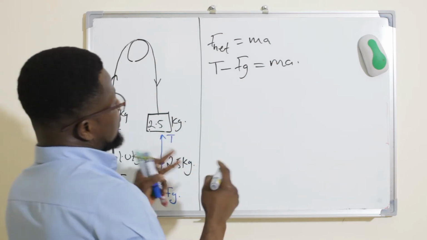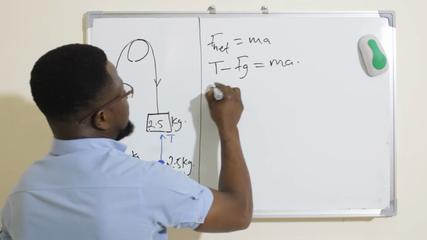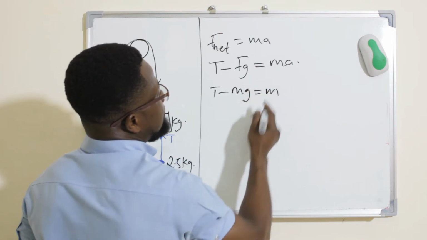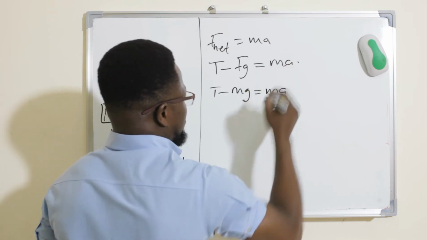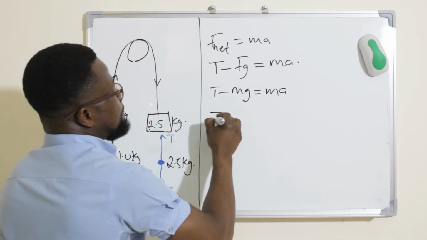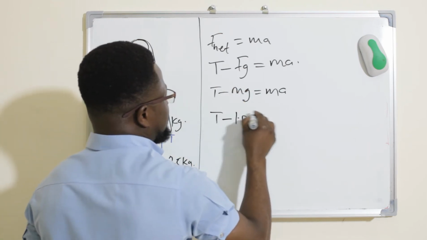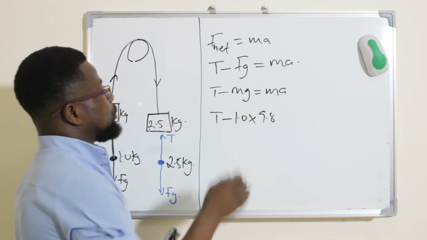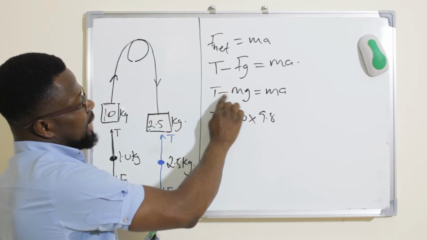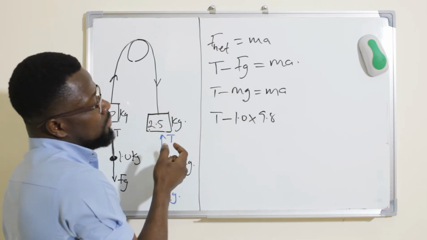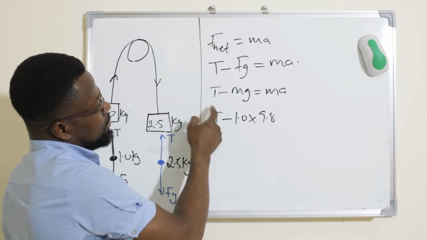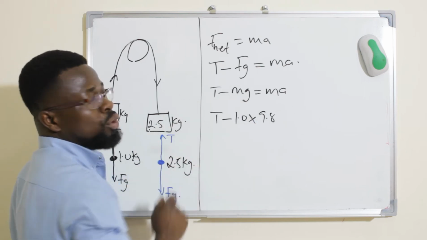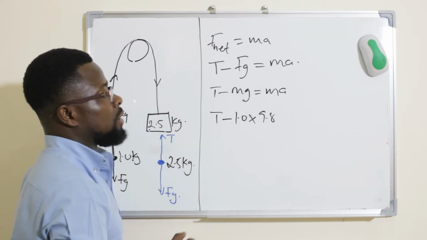And now I can do the substitutions and see. So we can see T minus mg is equals to m into what? A. And T minus m is now 1.0 multiplied by 9.8. Another thing you can do is you can decide to ignore this negative sign, and then if you are ignoring the negative sign and you get to this point, we have to consider that value to become negative because it is acting downward.